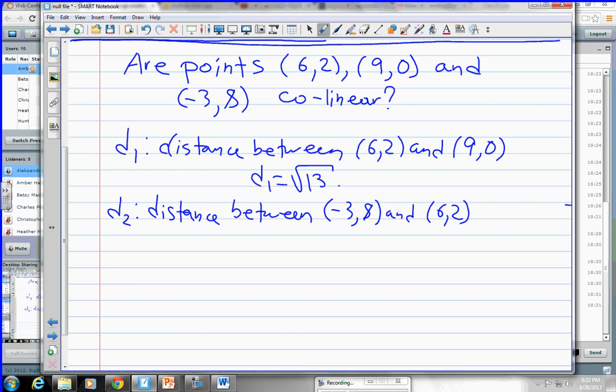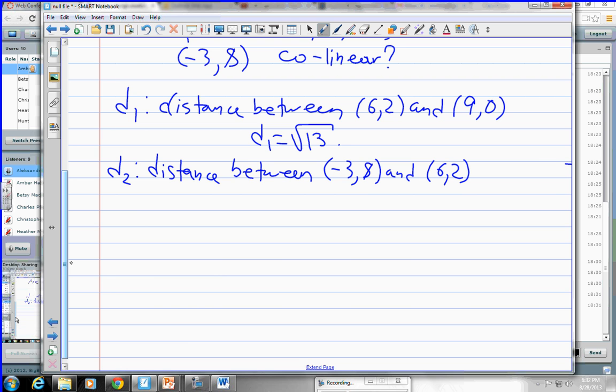So let's use that same distance formula. So d2 equals the square root. I'm going to take the y values. Again, in which order you subtract doesn't matter here because we're squaring it. The only difference between 8 minus 2 and 2 minus 8 is the sign, right? You either get a 6 or negative 6. But you're going to square it, so it's 36 either way.